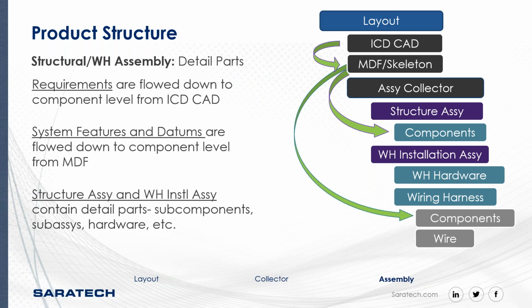So these requirements are flown down to the component level from the ICD, and the system features and datums are flowed down to the component level from the MDF or the skeleton. In this case, we saw the ICD contain the envelope, critical mounting points, and the coordinate system.